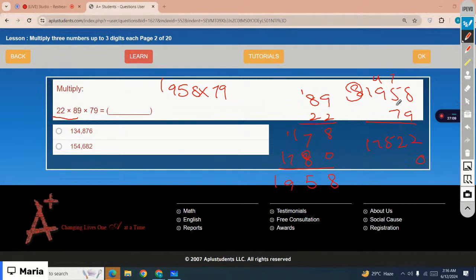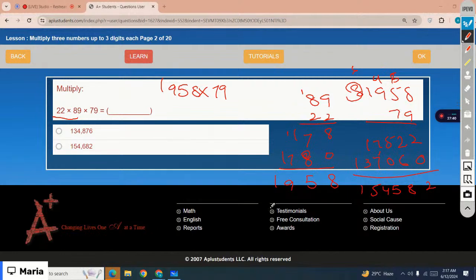Now you're going to multiply 7 with the number. 7 times 8 is 56. 6, 5 carry. 7 times 5 is 35 and 5, 40, 0. 4 carry. 7 times 9 is 63 and 67. 7 times 1 is 7 and 13. 2, 8, 5, 4, 5, 1.